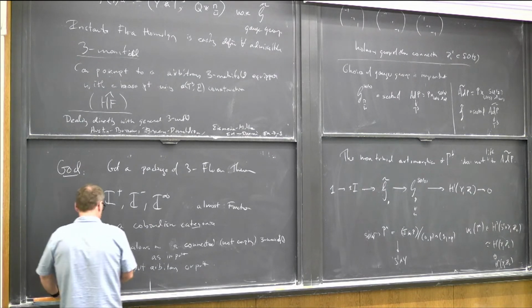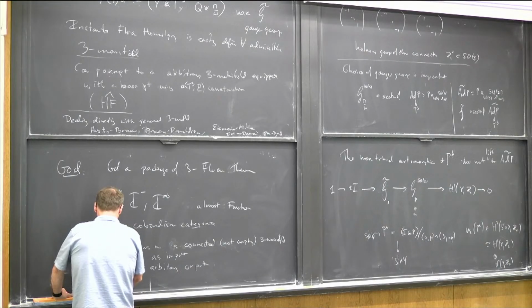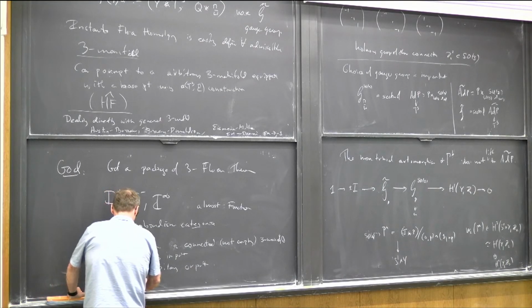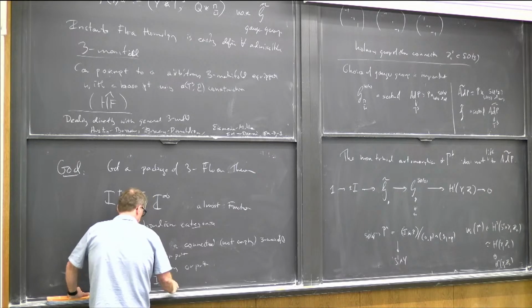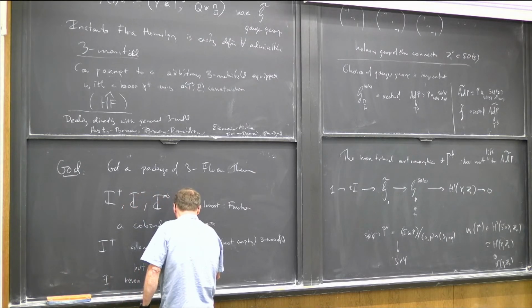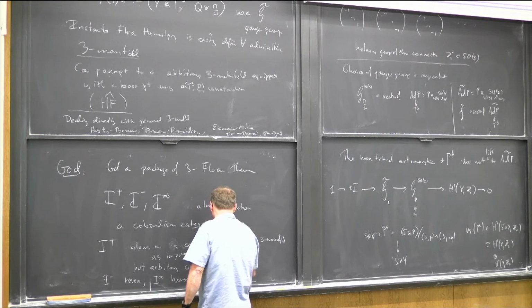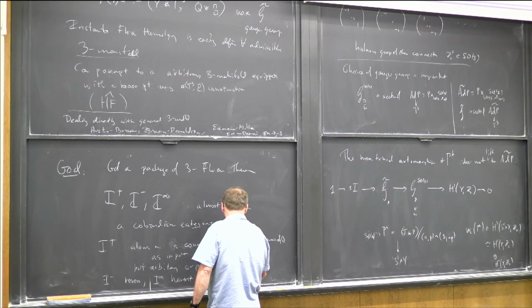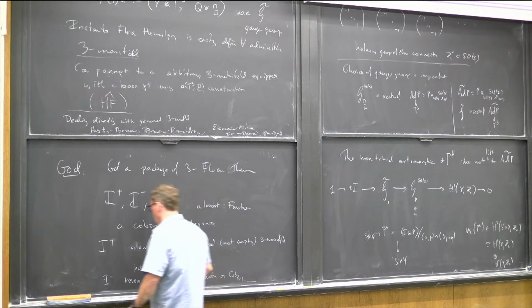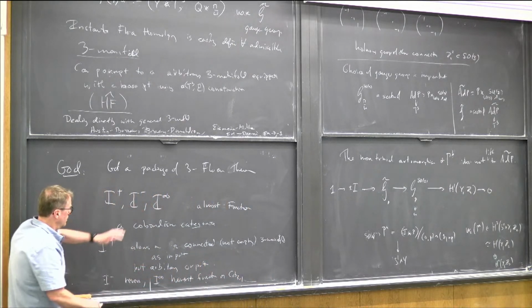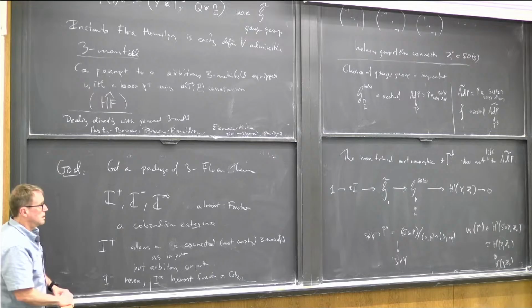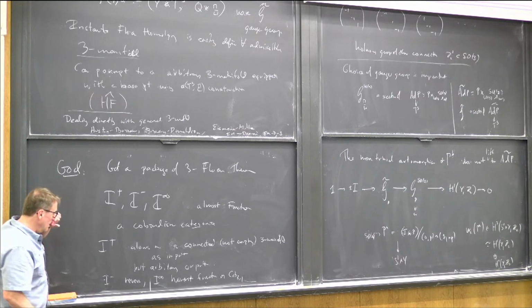Okay, so I minus is reversed. I infinity is really an honest functor on what people might call Cob 3.1. You need to decorate them with bundles, but I'm not going to.